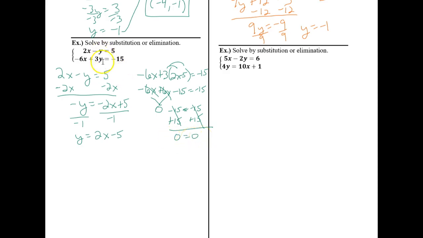That means that these two equations are the same line. If I end up with something that is true, then that means there are infinitely many solutions. Meaning that those two lines are in fact the same line. They lie on top of each other. Try the one on the right.